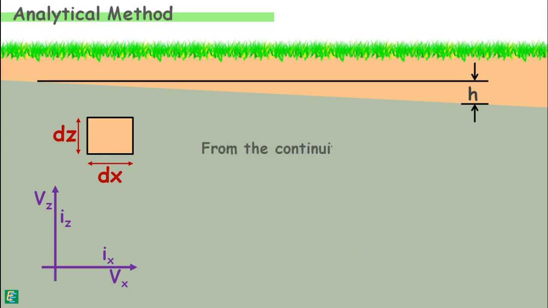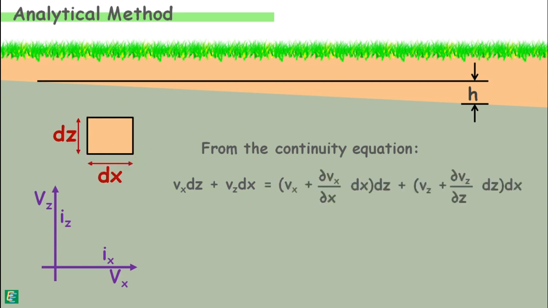Now, using continuity equation, we can write the amount of water going into this soil element is equal to the amount of water coming out of it. Remember, it is a simplified model. Well, somehow after solving it, we arrive at a simpler equation of continuity.